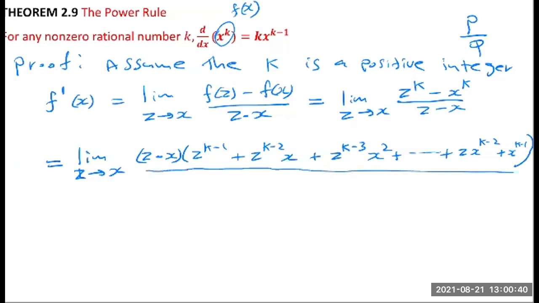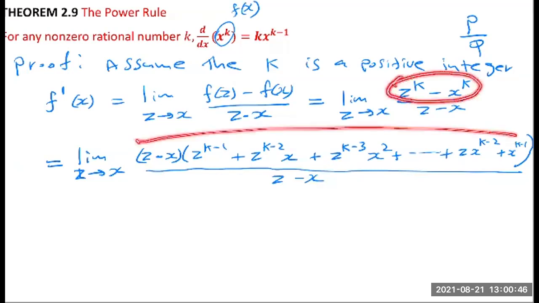In the bottom, don't forget you have z minus x. Actually, this is equal to this product, and this can be easily verified. How would you verify that these two things are equal?